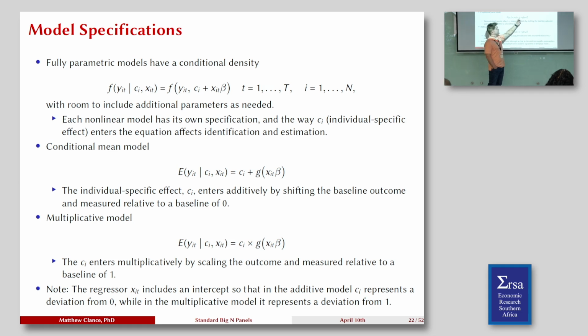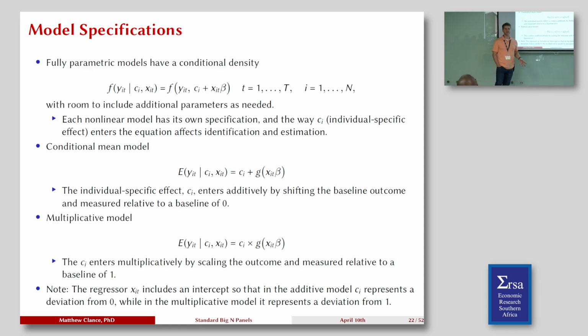Or we can keep it out, but then it's not contained within the specific function that we're looking at. Okay, so there are different ways of looking at this. Or it could be multiplicative, which is a whole other mess. Okay, so these are different ways that we have the unobserved effects entering into our equation, our expectations.